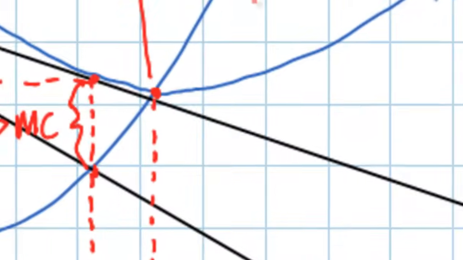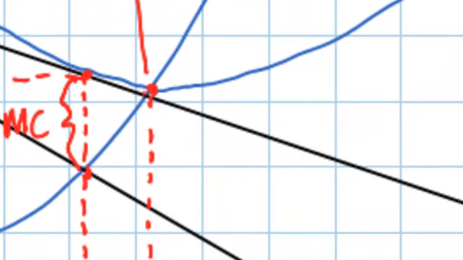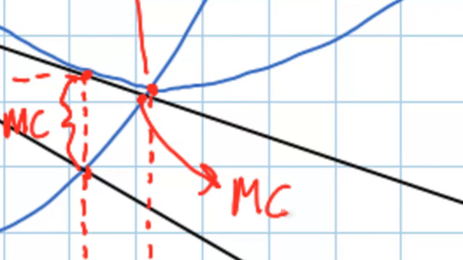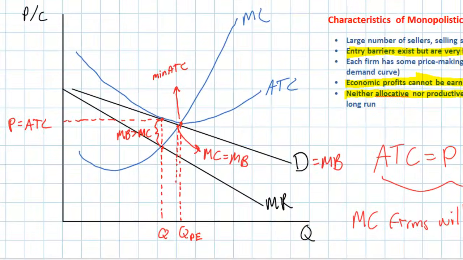The socially optimal quantity, of course, is where marginal cost equals marginal benefit, which is at a slightly greater quantity. So we can put another quantity here and call that QSO, or allocatively efficient quantity.